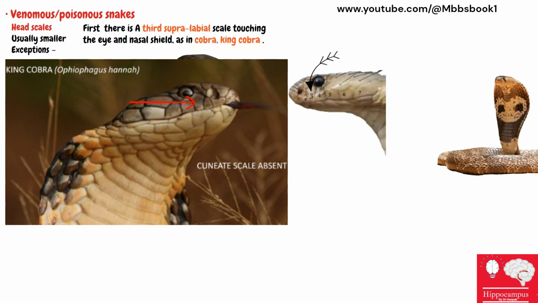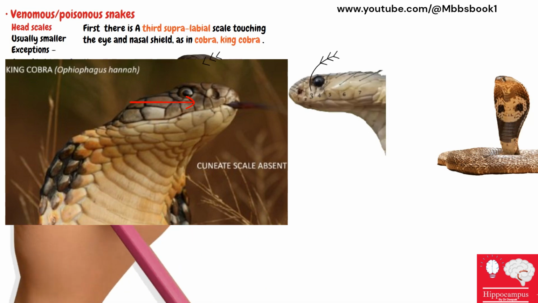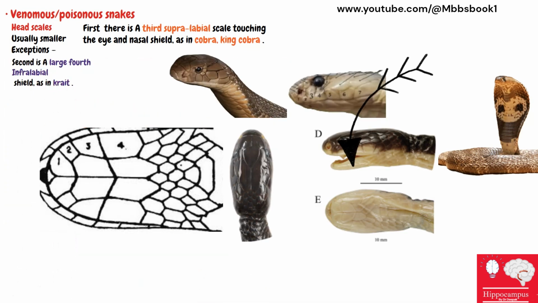The third supralabial scale is largest in the cobra and touches the edge of the eye. In crate, we look at the infralabial scale, not the supralabial scale. On the infralabial scale, after leaving the medial scale, the fourth infralabial scale will be the largest.